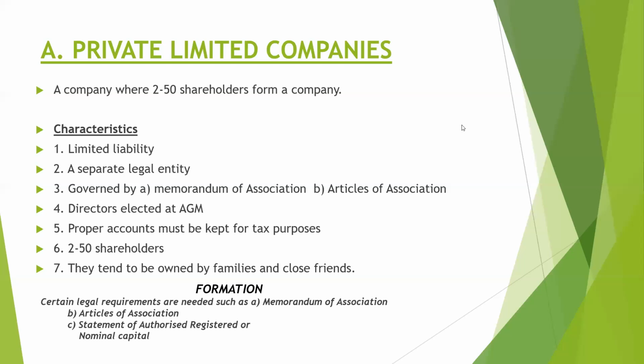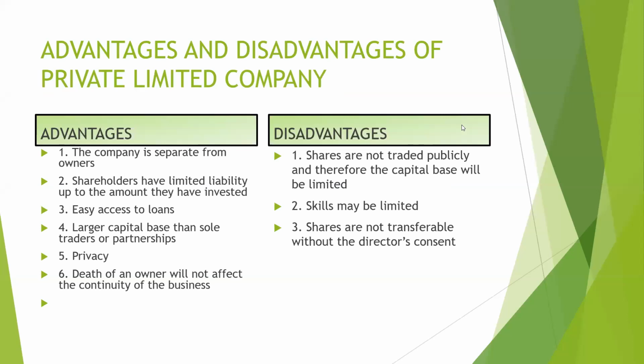There are 2 to 50 shareholders, we said that just now, and they tend to be owned by families, close friends, and private individuals. All right, so that is private limited, and you could just take a quick read of the advantages and the disadvantages. Again, there are separate entities. Shareholders have limited liabilities.